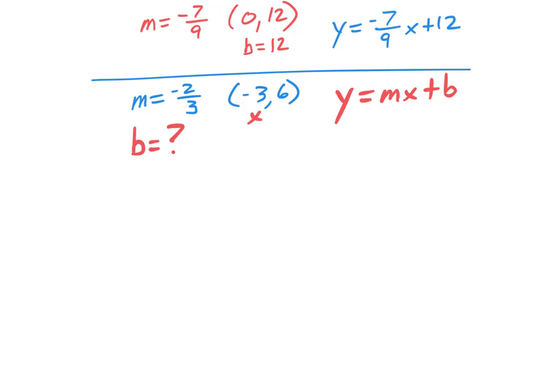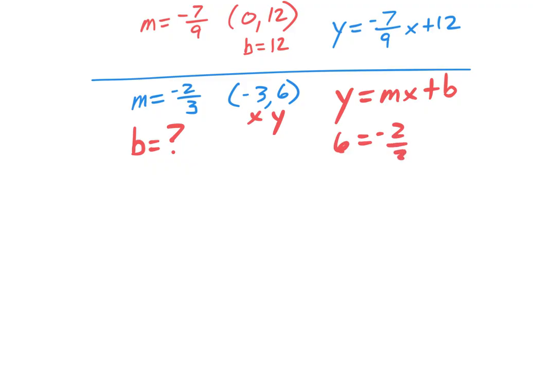And the ordered pair is always represented as x and y, right? So we know 3 out of the 4 pieces of that equation. We know m, we know x, we know y, we don't know b. So I can plug it right in for y, m, and x, and then solve for b, because b is the missing piece of information. So 6 goes in for y.